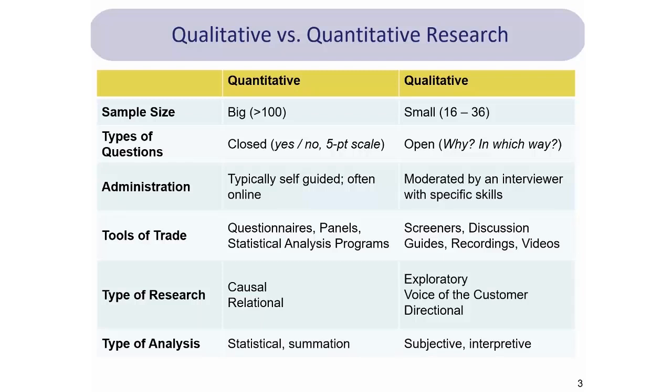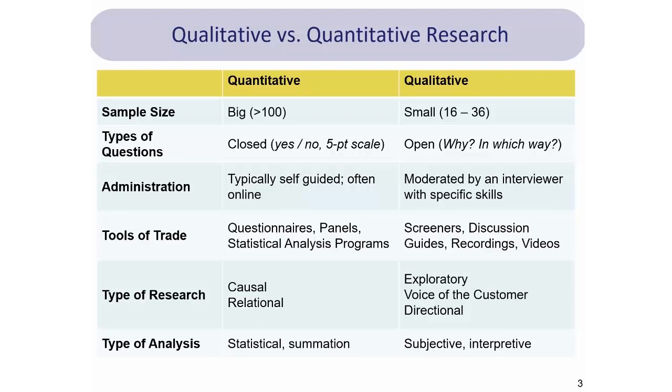Now let's look at the type of questions that you see in each of these different types of research. On the quantitative side, you have closed-ended questions. The yes, no, the 5-point scale, satisfaction scale, 0 to 10. Those kind of things where the respondent is picking just one response or a couple of responses from a list of offered options.